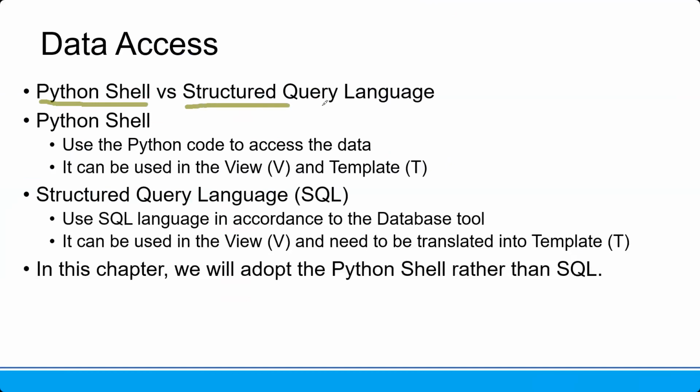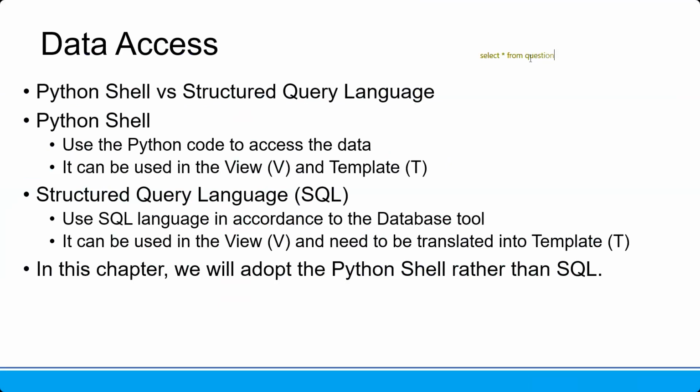Or you can use the structured query language, which means something like select. So, you know the query SQL? Select star from question means I want to select all columns from the question table.